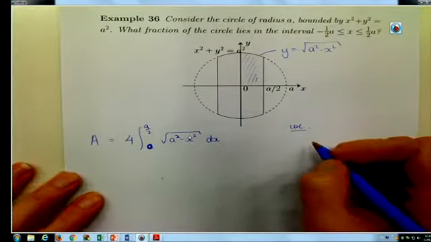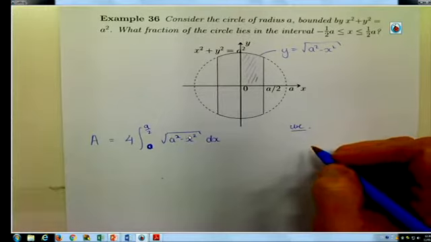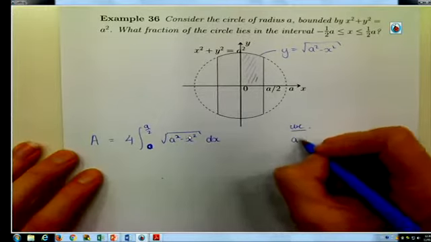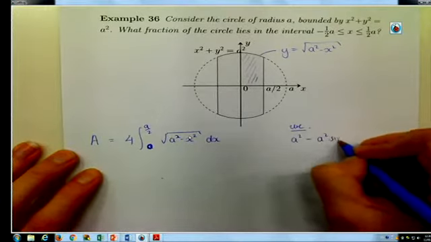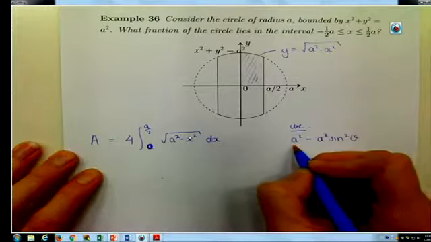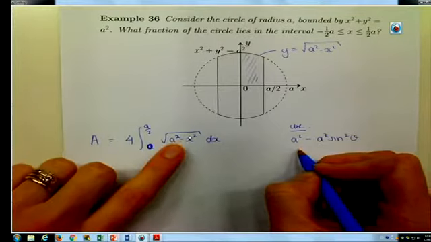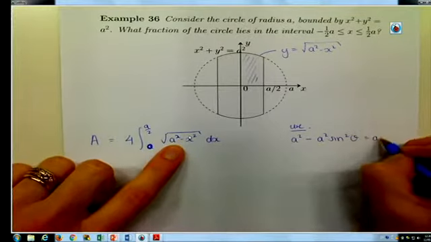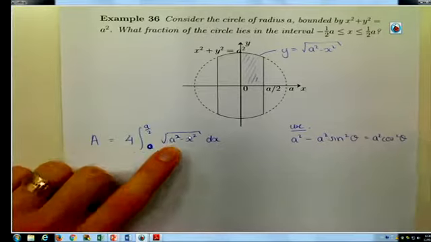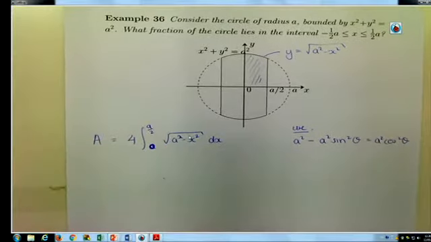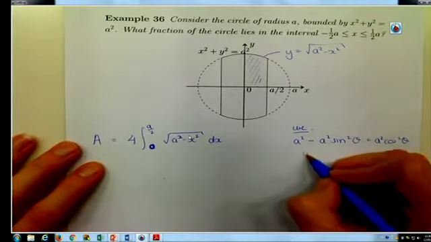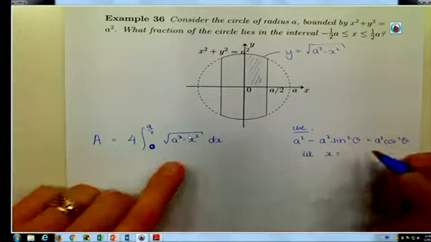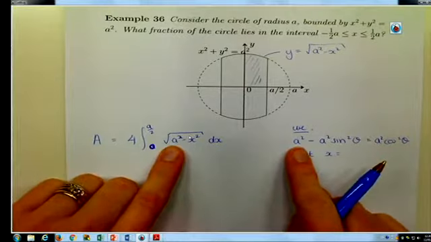All right, so we want to multiply that whole identity by a squared, right? So we get a squared minus a squared sine squared theta, so that we get this a squared here to match with this one. So the a squareds match, the minus matches.